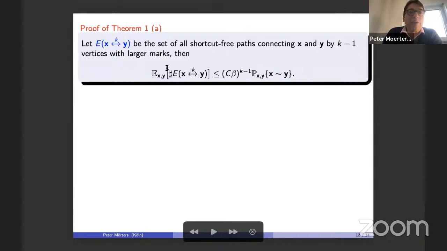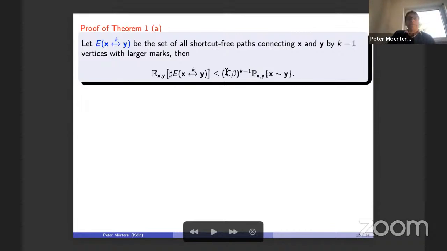Our crucial tool is that the expectation of the number of shortcut-free paths that connect two points x and y via k-1 vertices with larger marks is bounded by a constant times beta to the k-1. This is the kind of term we're craving for the first moment method, times the probability that x is connected to y, which is a term we need in order to deal with all the possible skeletons later.